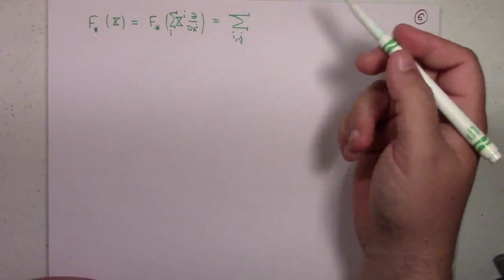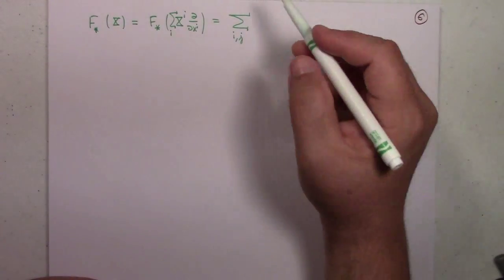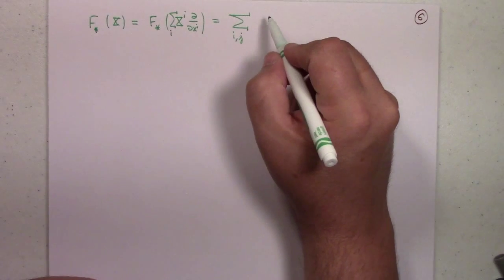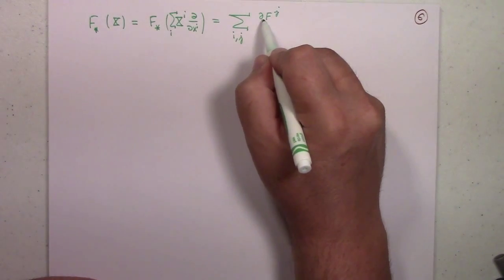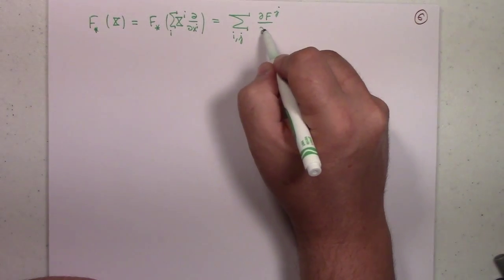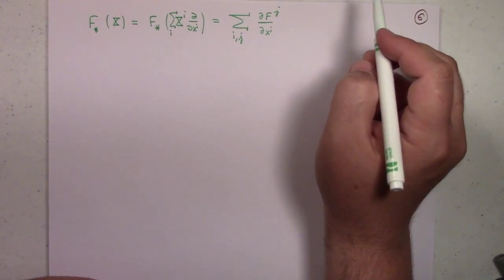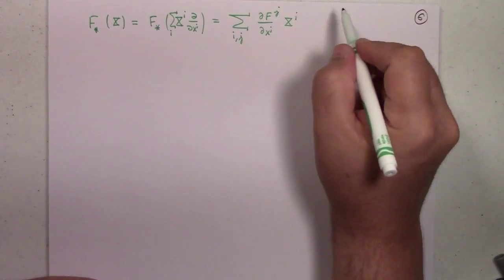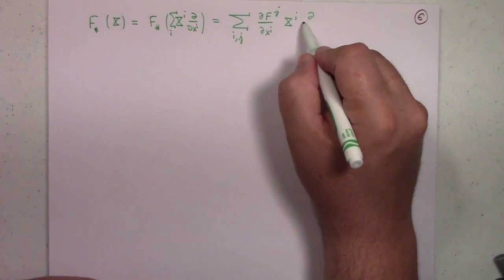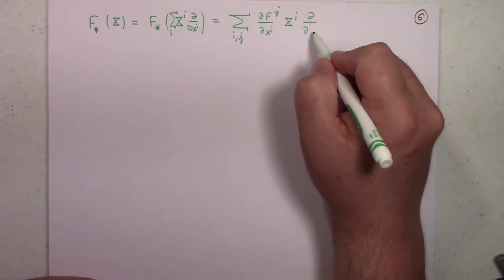Generally, you need two sums, one over m, one over n, for different dimensions, but here, same dimension. And so what we have is partial f j, partial x i, and you pick up the x of i's, and then you've got your partial x j's.